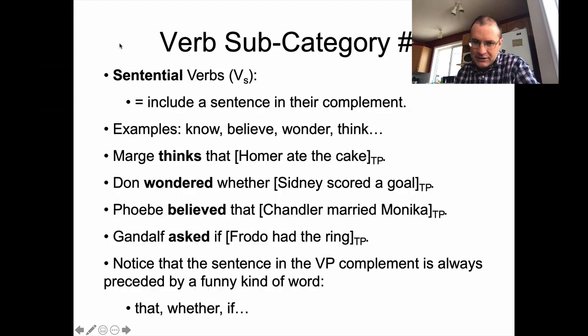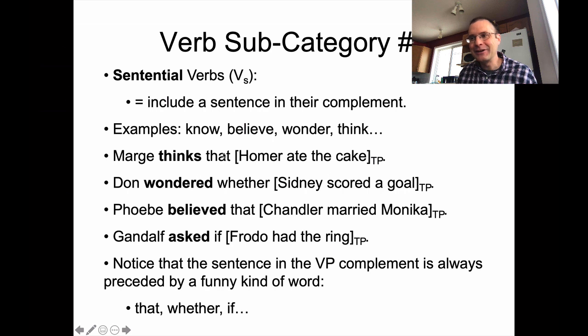I'm going to mention here, as I go back, Marge thinks that Homer ate the cake. This is the most common kind of complementizer we're going to see, this word that. It looks exactly the same as the word that, like that dog. But if you listen closely, it's actually pronounced in a slightly different way. So Marge thinks that Homer ate the cake, it's more of a "thut" than a "that".